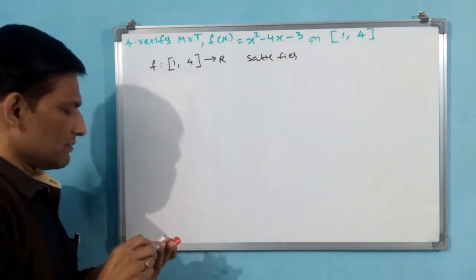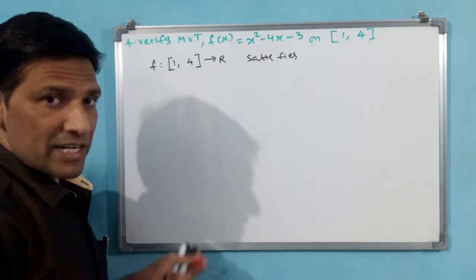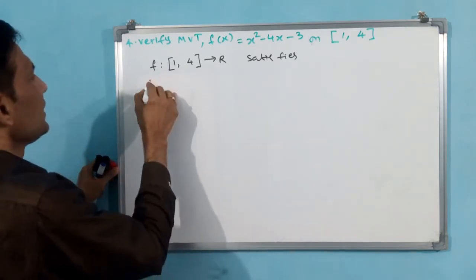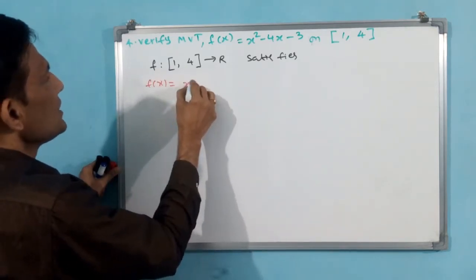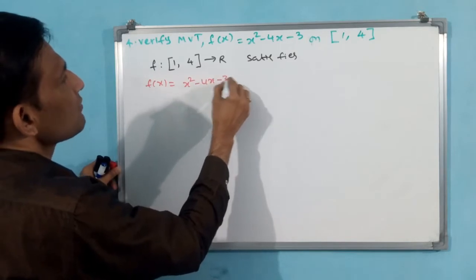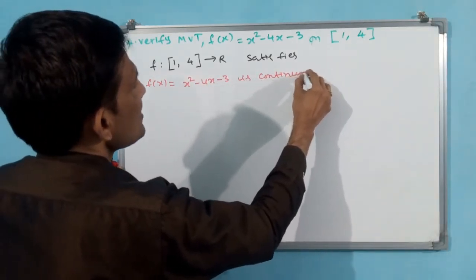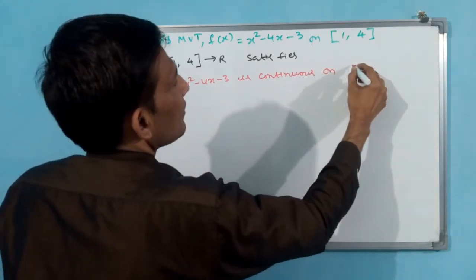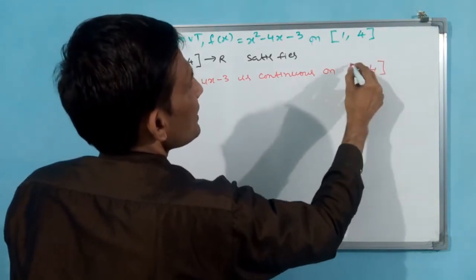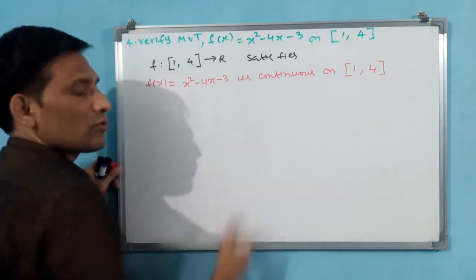Satisfied means. Next condition is the continuity condition. f of x is equal to x square minus 4x minus 3 is continuous on [1, 4], closed interval.